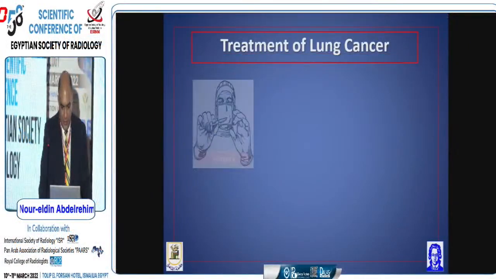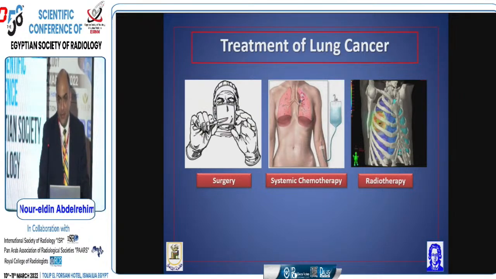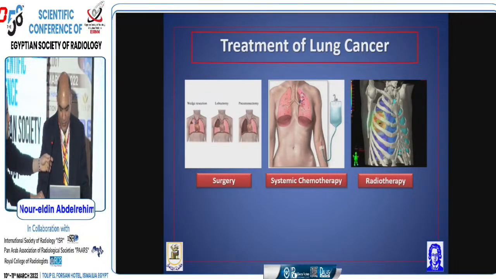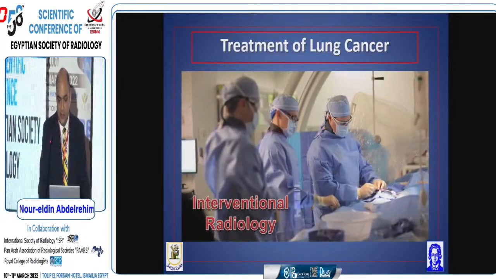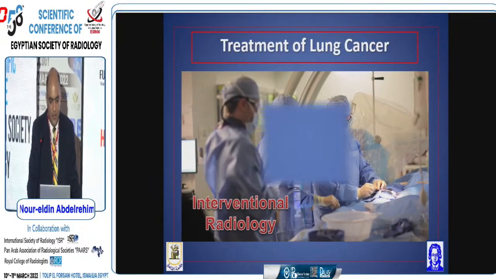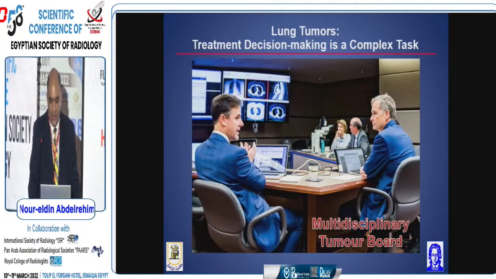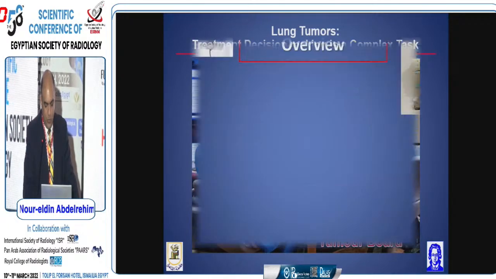Actually, it's a big topic, so I will try to reduce the amount that I'm going to describe for 10 minutes. The treatment of lung cancer includes different procedures: surgery, chemotherapy, as well as radiation. However, interventional oncology plays an important role, particularly as one of the important players in the multidisciplinary tumor board.